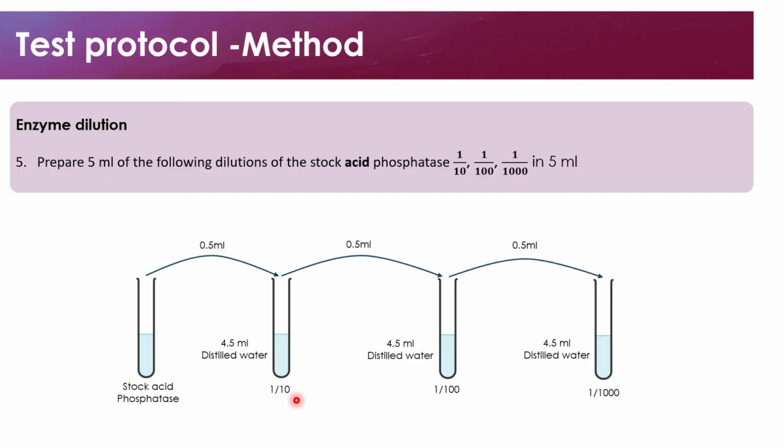To prepare the 1 in 100, we pick 0.5 ml of our 1 in 10 dilution and add to 4.5 ml of distilled water. And to prepare our 1 in 1000 dilution, we pick from the 1 in 100 dilution 0.5 ml and add to 4.5 ml of distilled water.